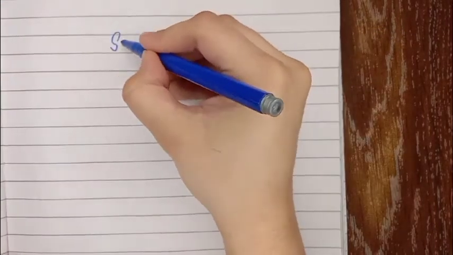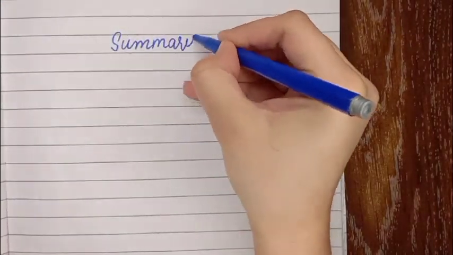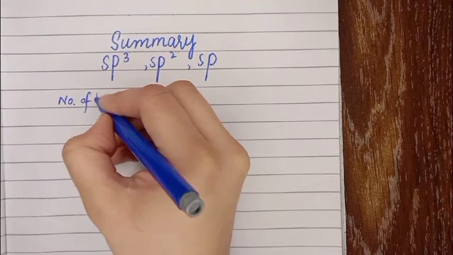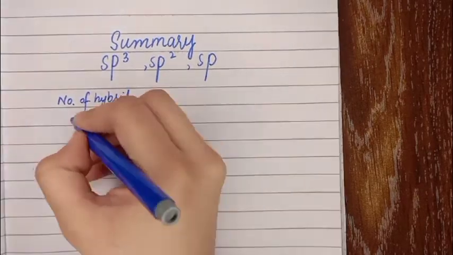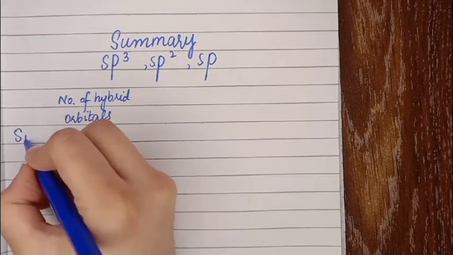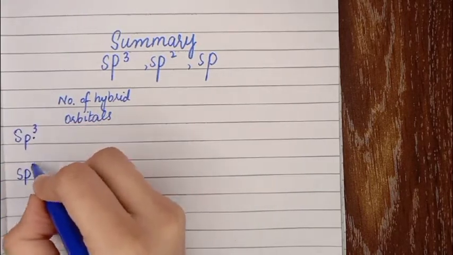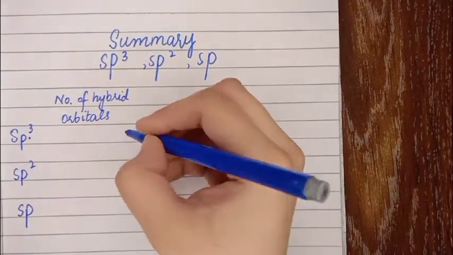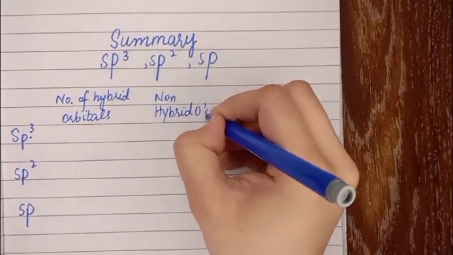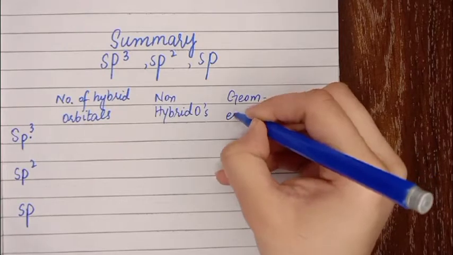So let's start the summary of these types of hybridization: sp3, sp2, and sp. Starting with the number of hybrid orbitals, the sp3 has 4 hybrid orbitals and 0 non-hybrid orbitals.